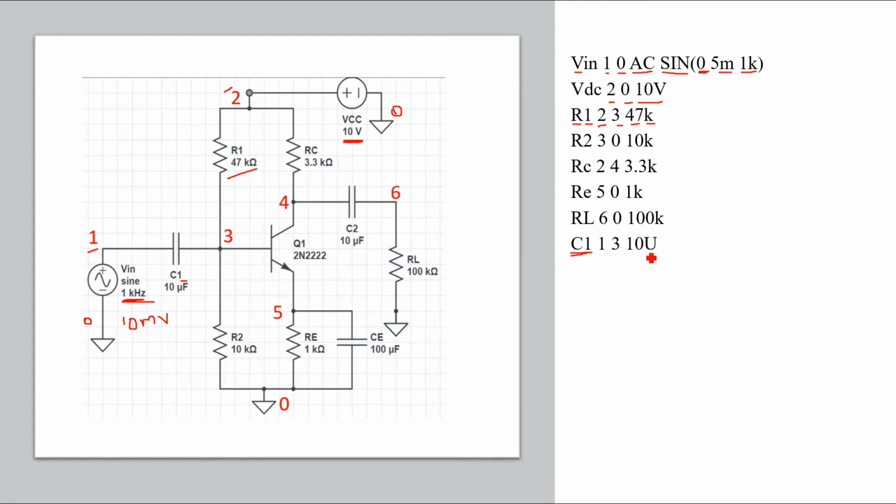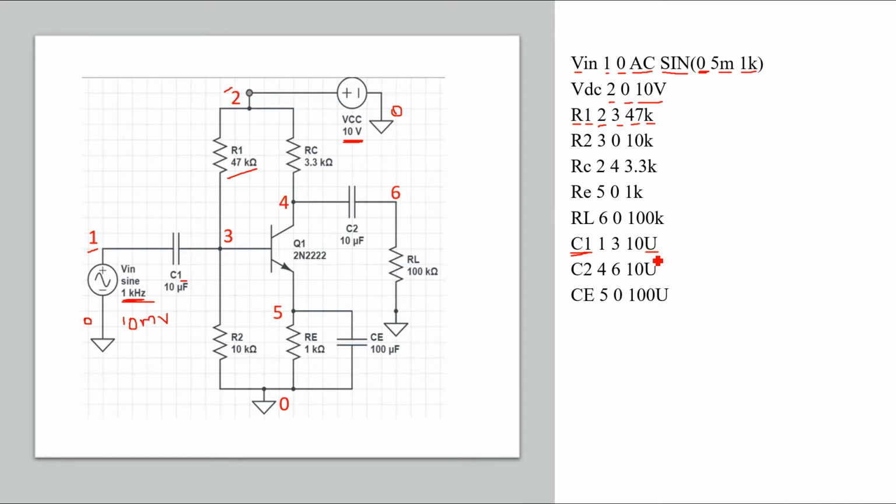In AM Spice, micro is capital U, so 10 micro. Similarly, C2 is connected between 4 and 6. CE is connected between 5 and 0. Till here, we have considered all the resistances, DC sources and capacitance.